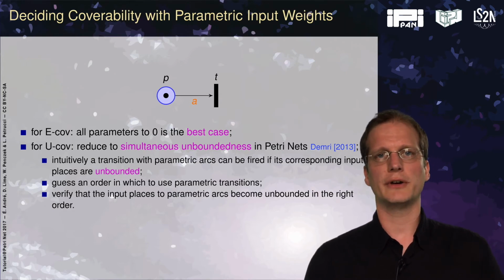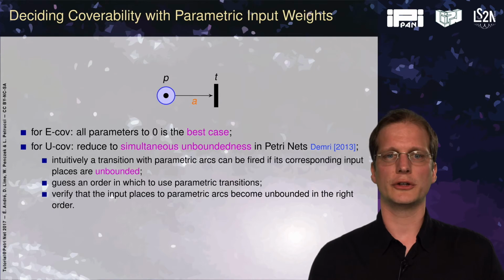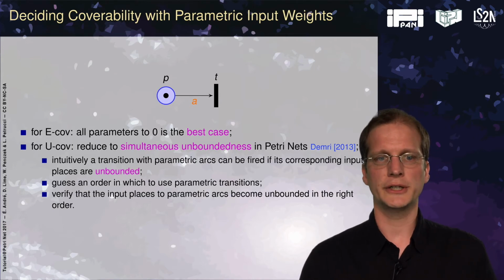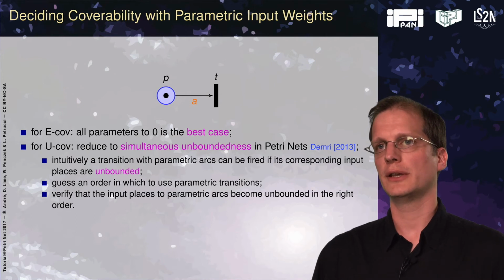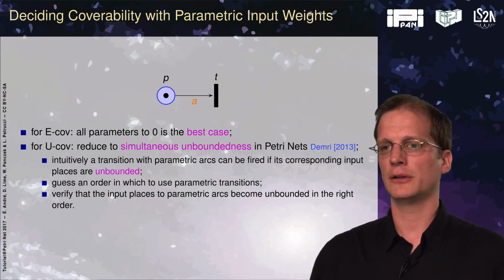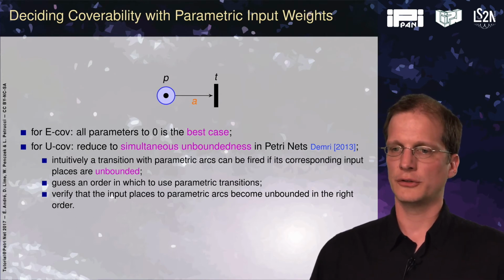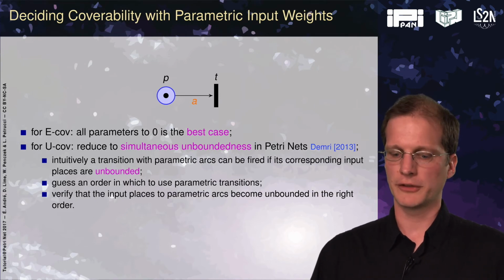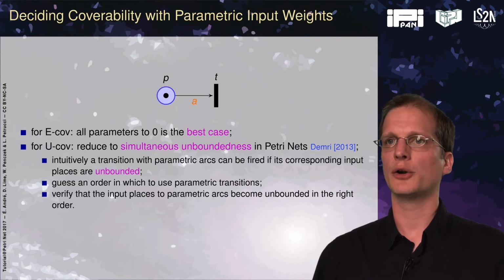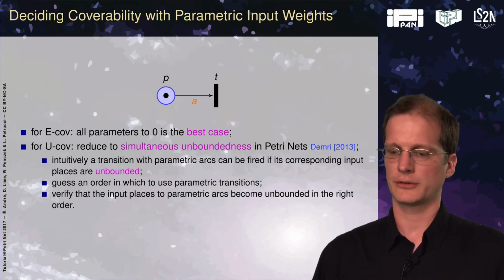So we can use this fact together with the notion of simultaneous unboundedness from Demery to create a widget in which we will have several copies of the net, and they will record the order in which we enable parametric transitions by verifying that the preconditions of these transitions are always unbounded and in sequence.